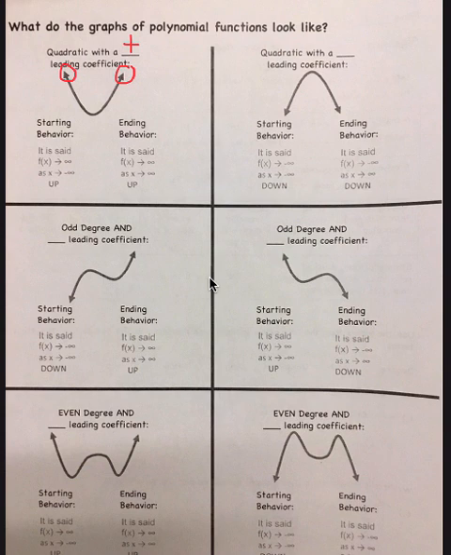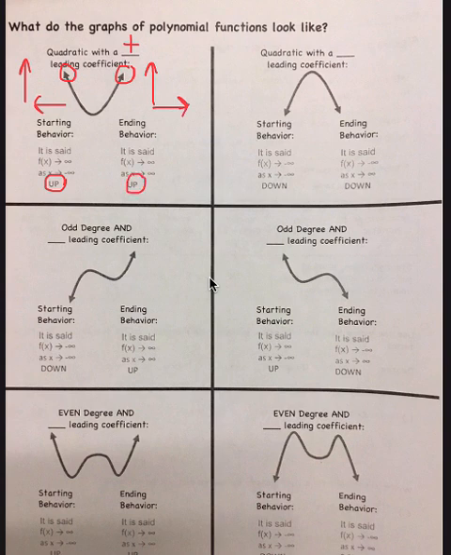That means f of x goes up as x goes to negative infinity, to the left. What I'm really looking for from you is knowing it goes up. So starting behavior is up, ending behavior: it is said f of x goes up to infinity as x goes to positive infinity, also up.